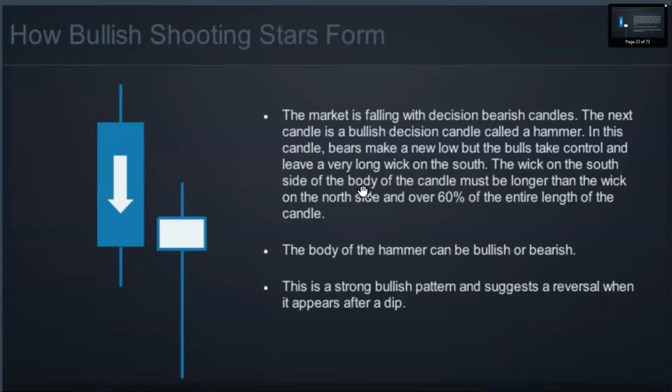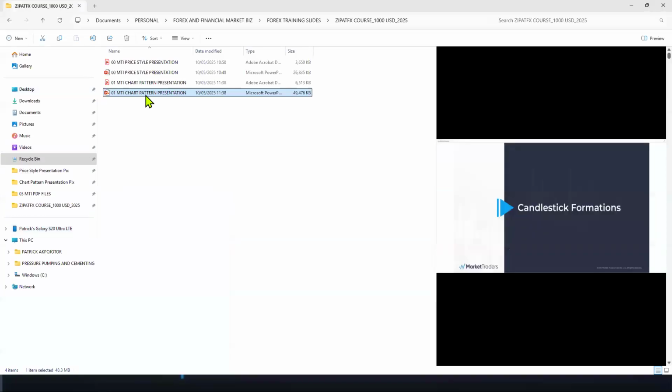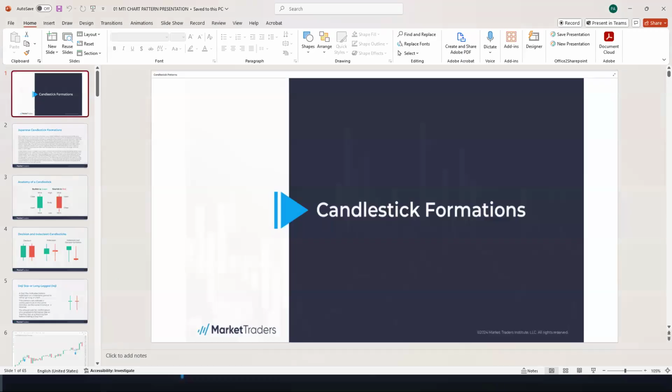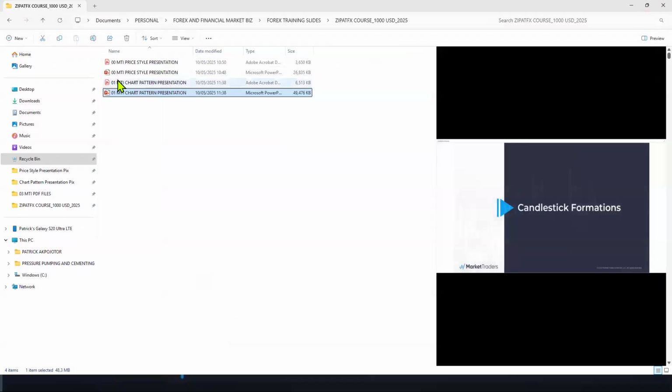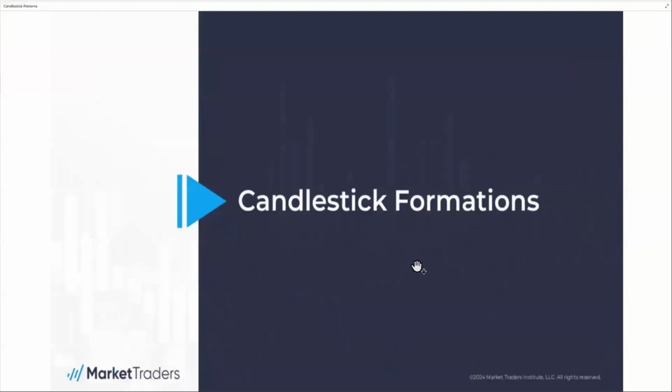So we're going to take the 5 candlesticks, but let me switch to the second slide. Talking about candlestick formation, I want to use a different slide.